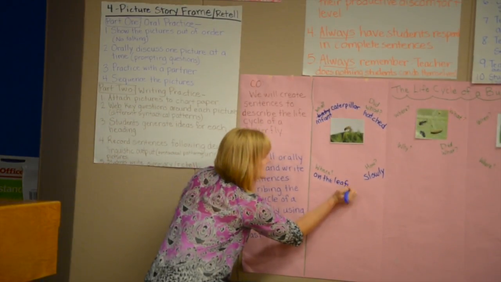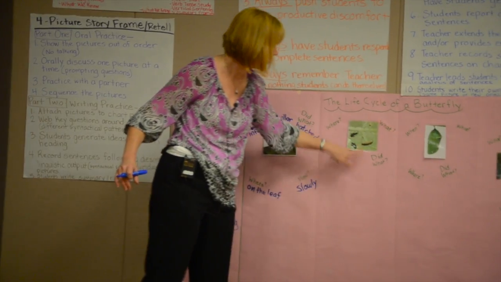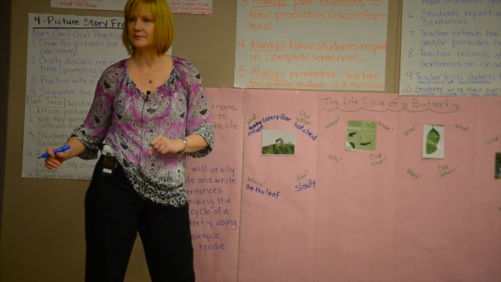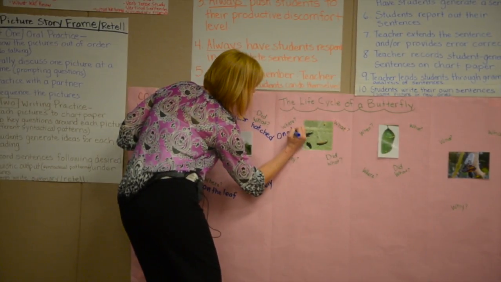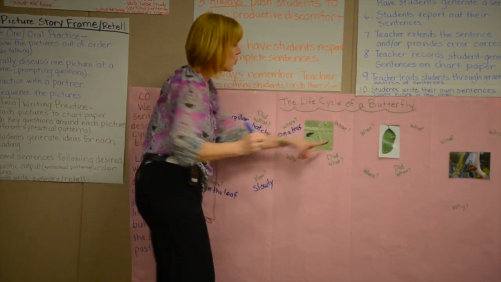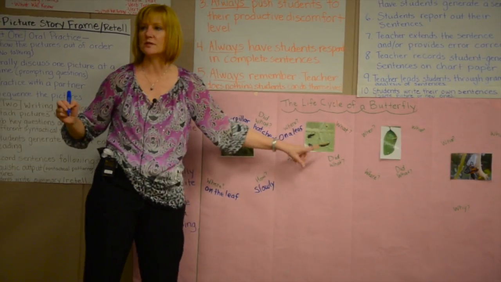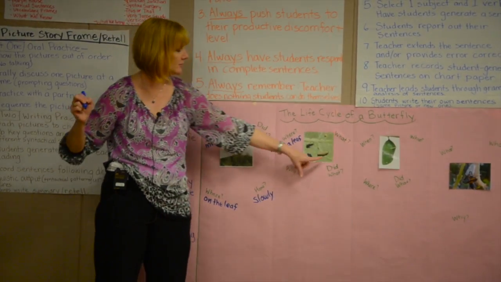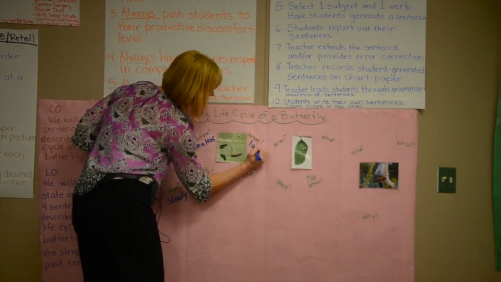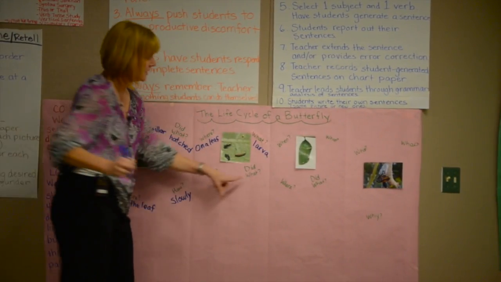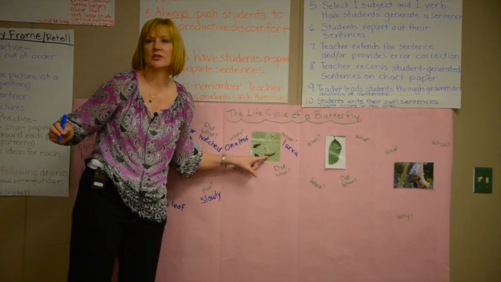Okay, we're gonna go to the next one. Hey, Mike, where is the caterpillar? On a leaf. And what is it again? Now let's use some different words, because here we said it was an infant caterpillar. What is it now? Larva. Larva, good. What did it do in the picture? Liz.